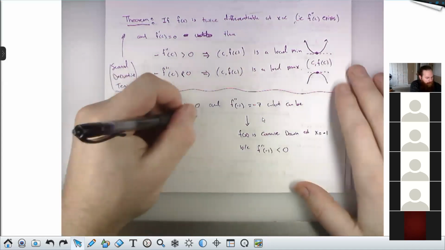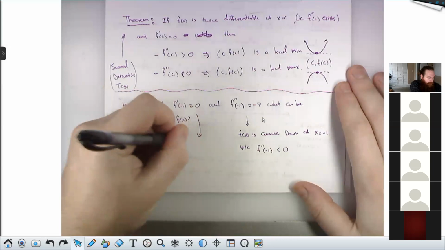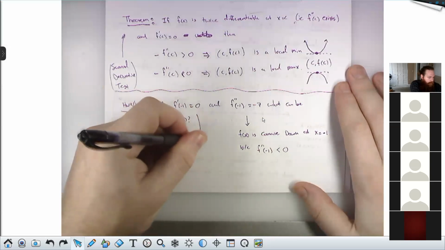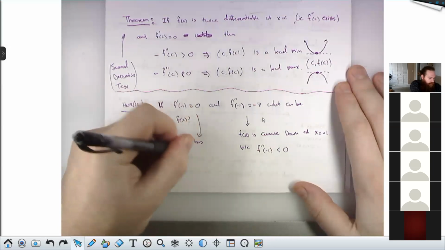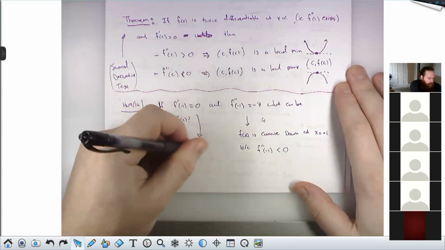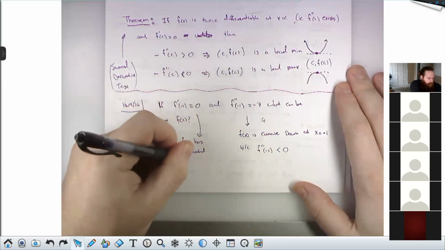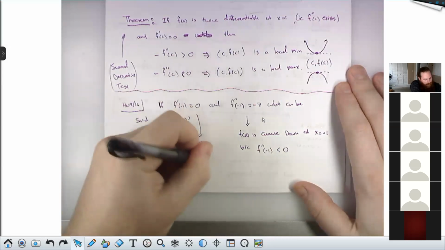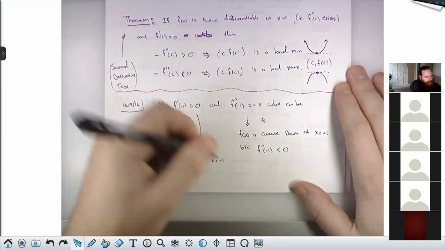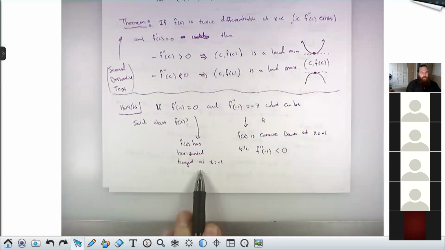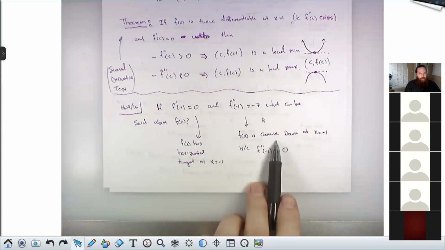This piece tells me f of x has a horizontal tangent line at x equals -1. So I have a horizontal tangent and I'm concave down.